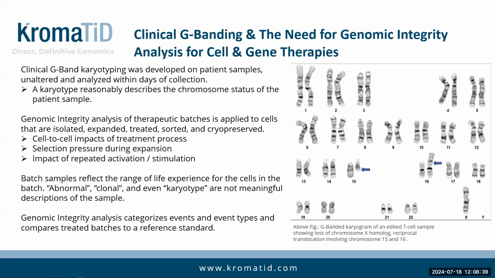So when we're dealing with the cell and gene therapy cell lines, this isn't necessarily the case. We're more looking for trends involving the customer's target edit sites rather than repeat observations of the same clones you would typically see in a cancer cell line.